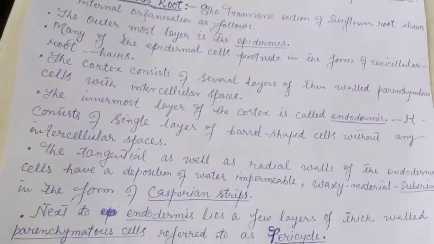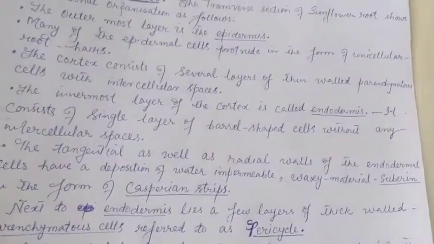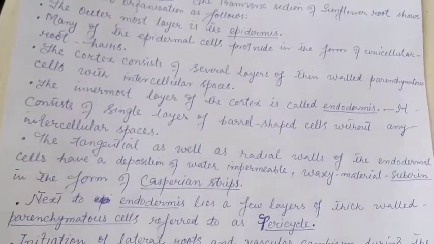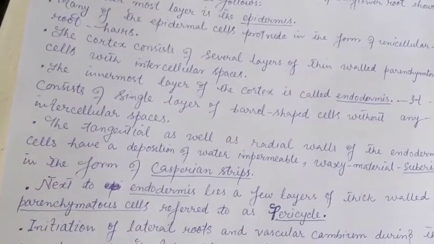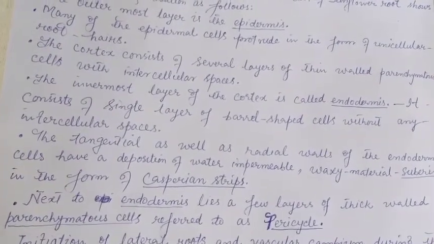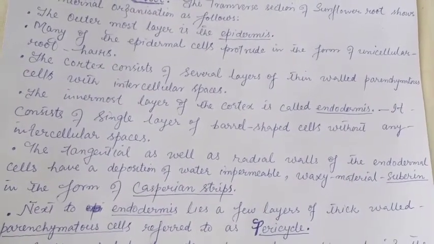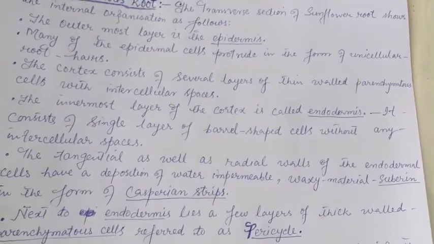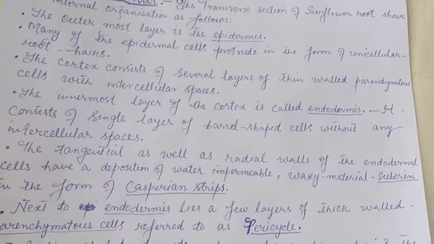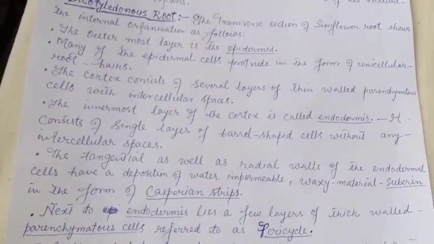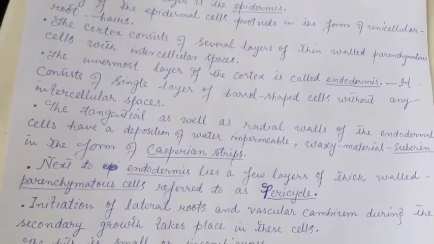Hope you understand this. I will repeat: these endodermal cells have a deposition of water-impermeable material, which does not allow the water to pass, that is the waxy material suberin in the form of Casparian strips.